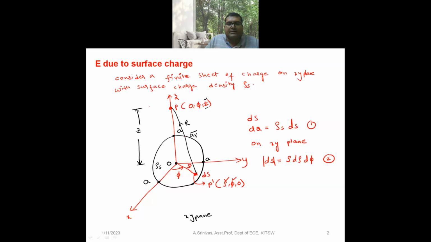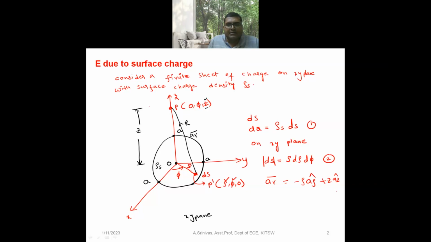Due to differential element, we have to calculate the electric field at point P. We require the electric field at point P, means the position vector associated with point P with respect to P dash can be written as minus rho a rho cap plus z a z cap.